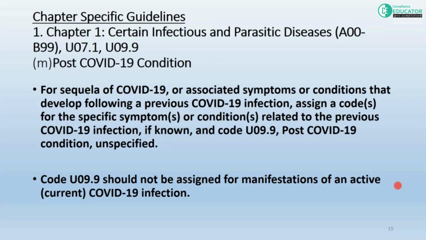So sequela post-COVID, associated signs and symptoms that develop, assign that specific symptom and go forward. And again, it should not be assigned for manifestations of an active COVID infection. Sorry, there's a lot of text in here. There we go.